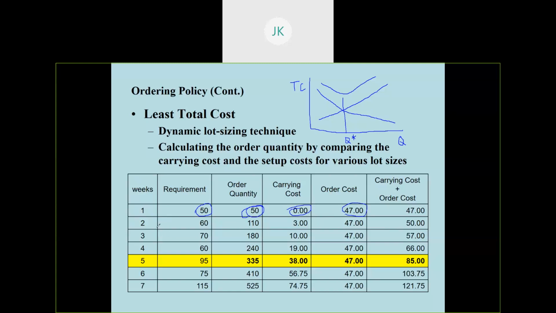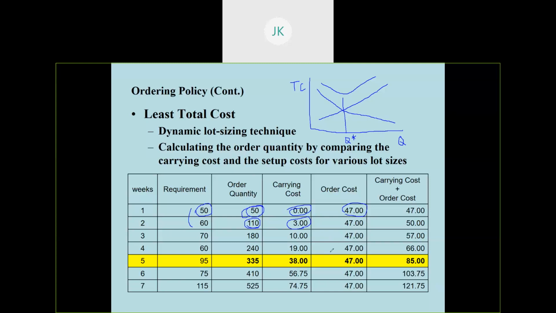Then if we order the two weeks' requirement, 50 in the first week and 60 in the second week, the required amount is 110, 50 plus 60. Then use 50 and carry over 60. There is some inventory cost. And the order cost, assume the order cost is the same, and so on.